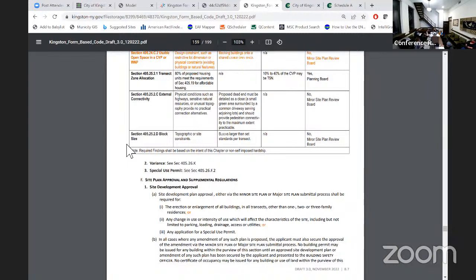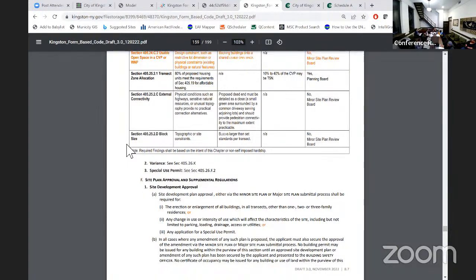So my question there is, if there was a major site plan approval and the amendment is of a minor aspect, can that go to the minor site plan review board, or does that have to go back to major?